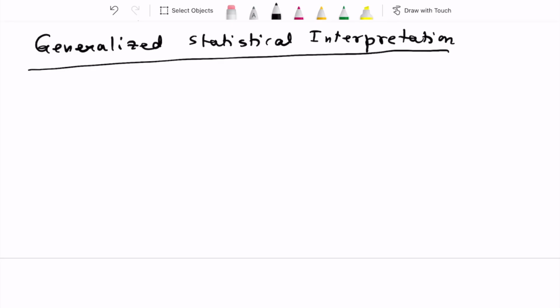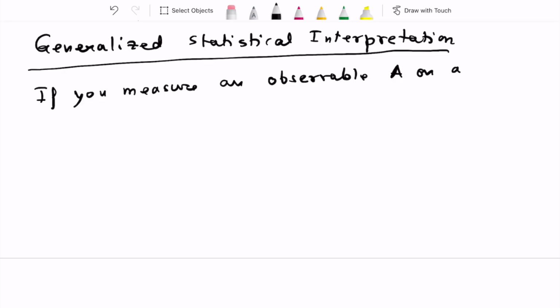It basically says that if you measure an observable A on a particle with state psi of t, you can think of A as being energy, momentum, angular momentum, position, anything that you can measure on a particle in a state psi(x,t). The particle is in this particular state.